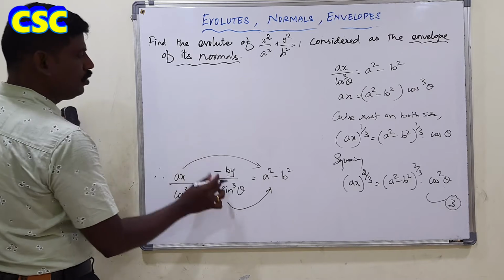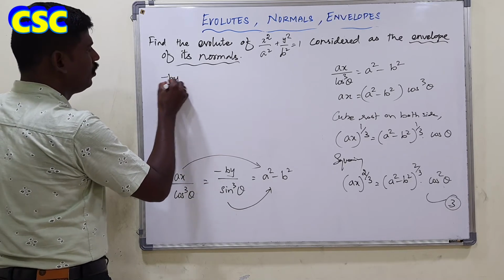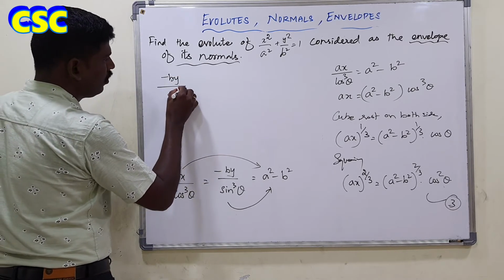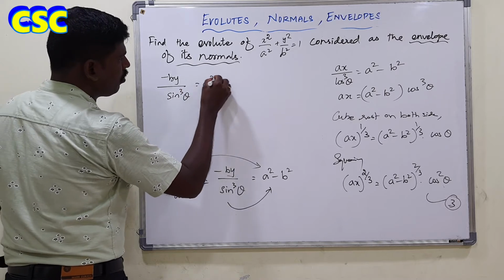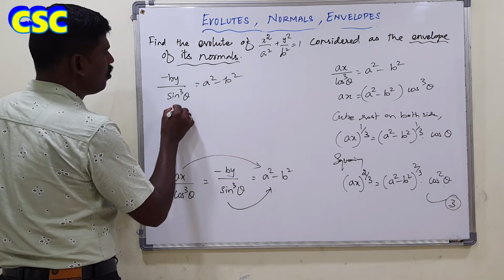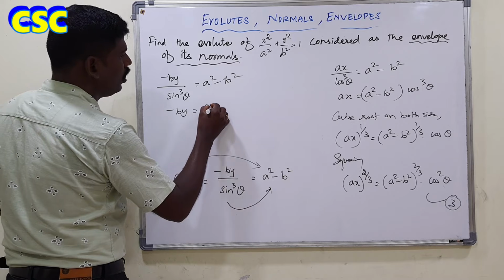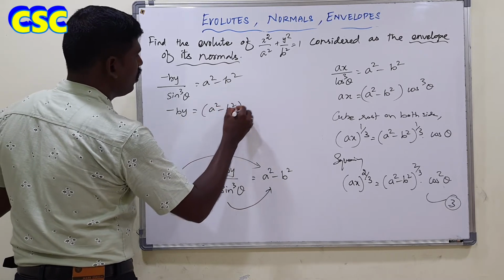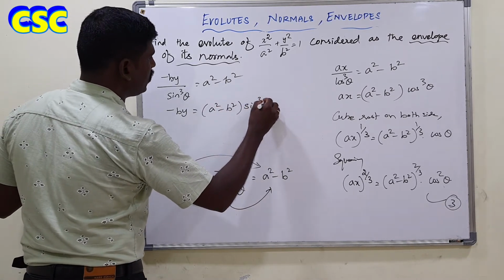What is the second ratio? Minus by by sin cube theta equal to a square minus b square. So minus by equal to a square minus b square into sin cube theta.